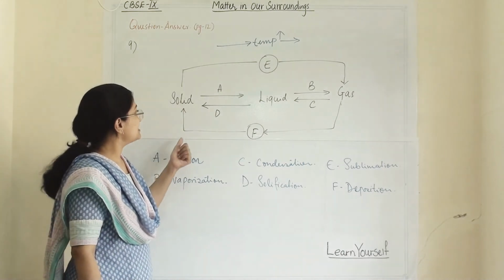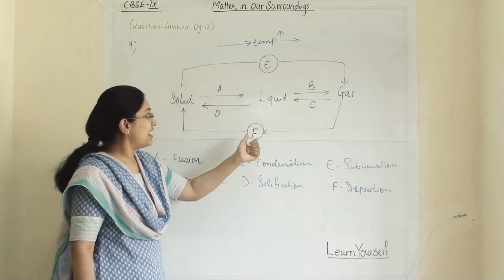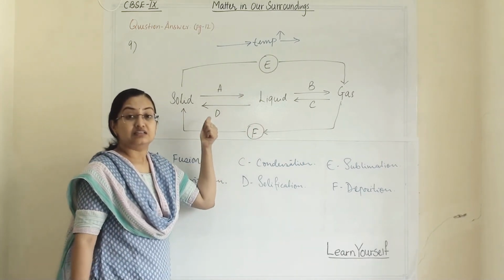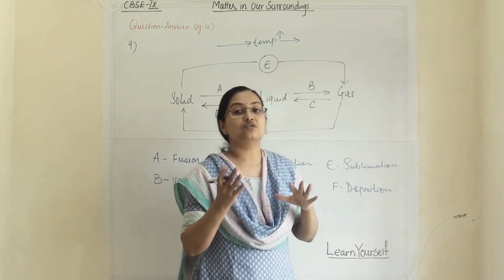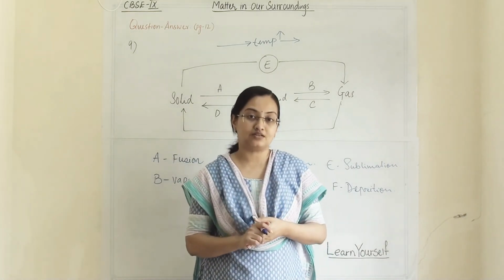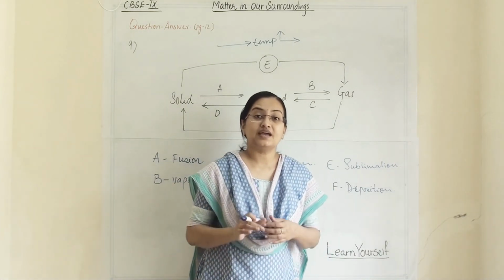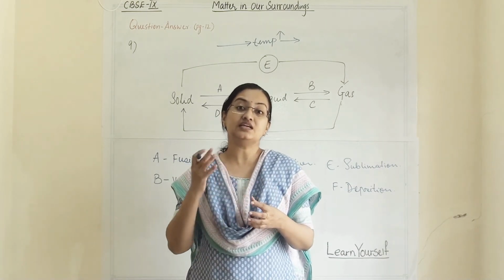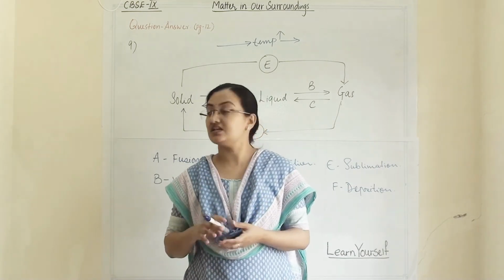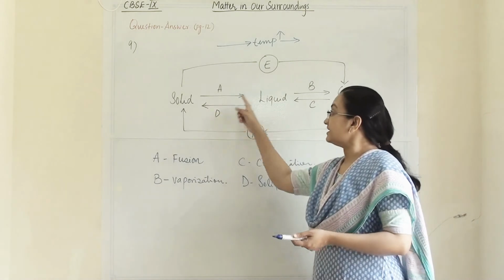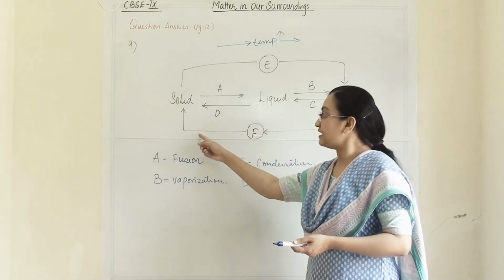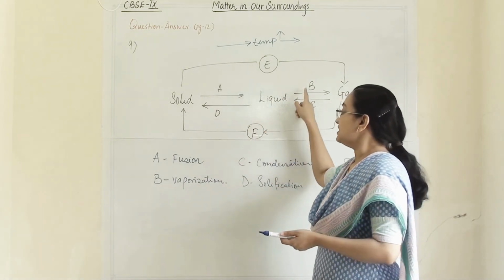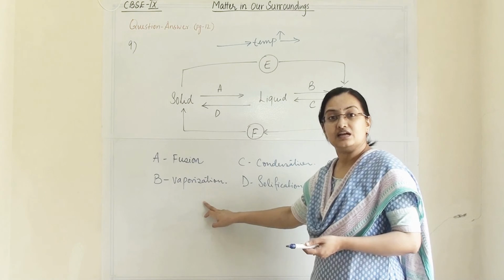So all this from A to F are the total interconversion of states of matter. So this is an important question, and it shows how these three states of matter will interchange, and while increasing temperature and decreasing temperature, the process names will differ.